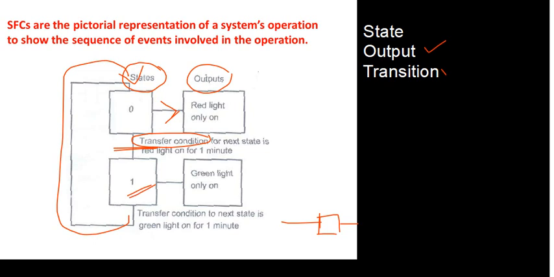Like this it may keep going, or it may go to the initial state, depending upon what kind of program you are writing, or what kind of application you want from these sequential function charts. So with this background, let us move on to the illustration part of it.